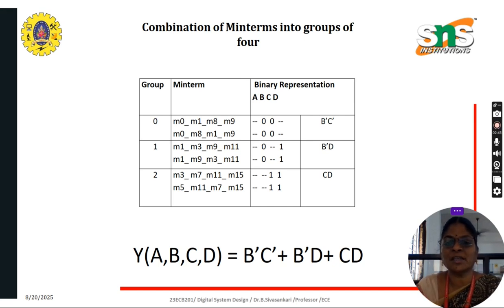If your representation is A, B, C, D, and you are getting zeros in B and C, as 0 you can get either the complement or non-complement term. If 0, it should be represented as B bar, C bar. Then B bar D, and CD. Likewise, B bar C bar, B bar D and CD are said to be the prime implicants.